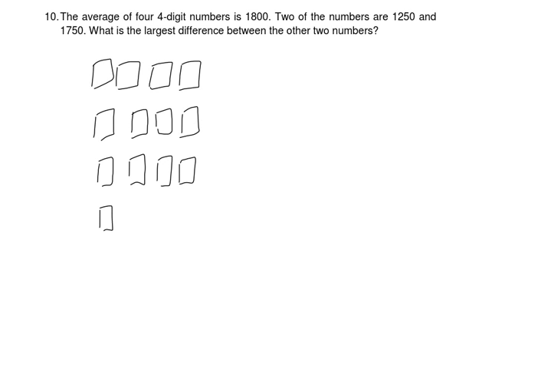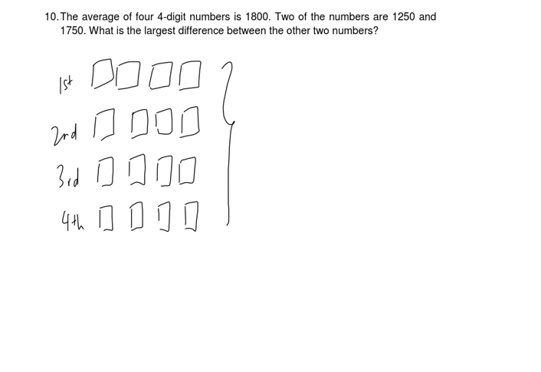This is the first number, second, third, and fourth. And the average is 1,800, right? Yeah. So if I want to find the total, I just need to multiply by 4, and I can get how much? 7,200. So these 4 numbers add up to 7,200.